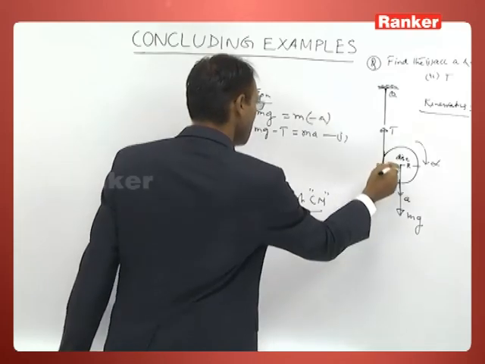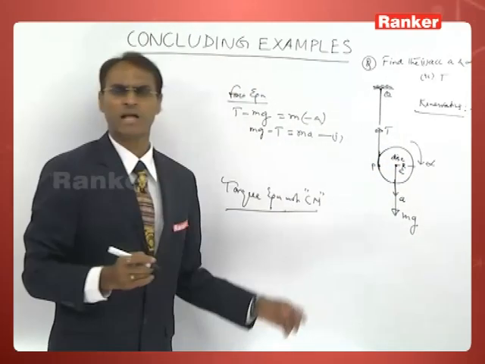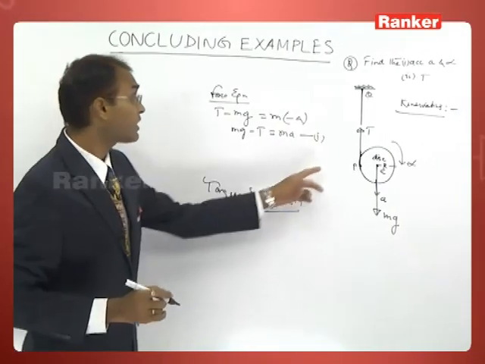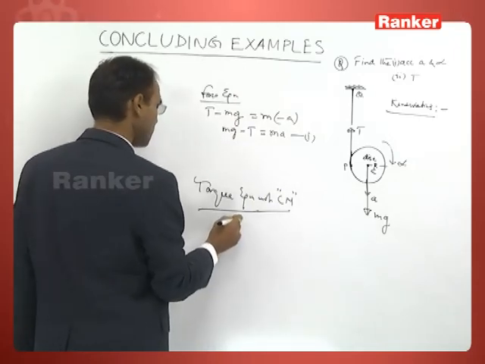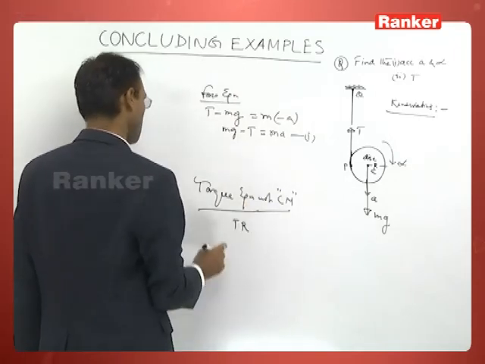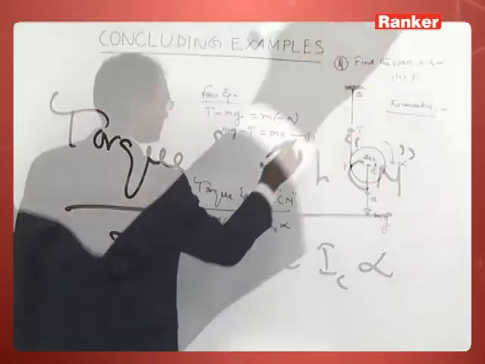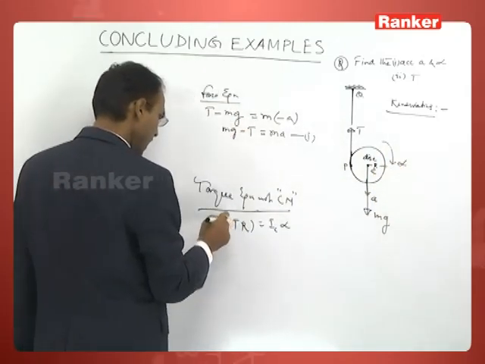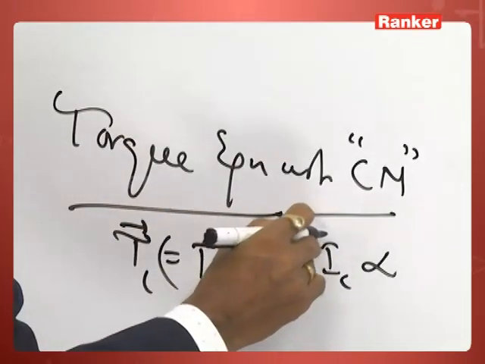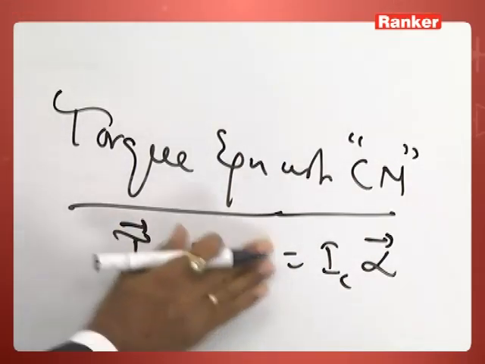Next, torque equation about the center of mass C. mg passes through the center of mass, it cannot produce a torque about it. The torque is produced by the tension about the center of mass of the disk. That's equal to Tr, that's tau c, is equal to Ic into alpha.